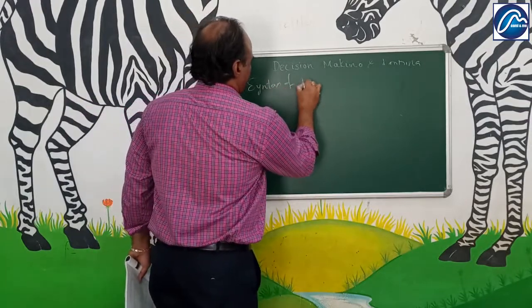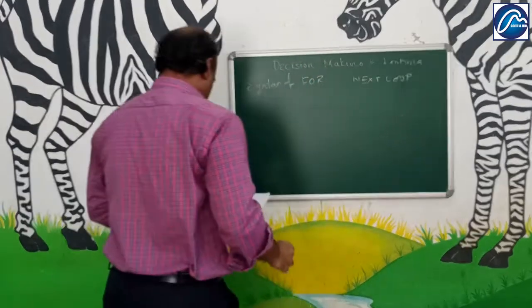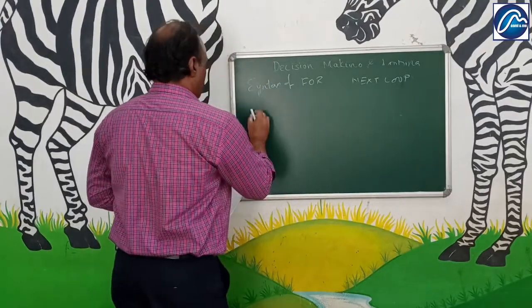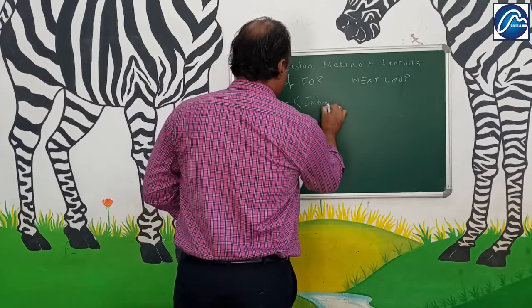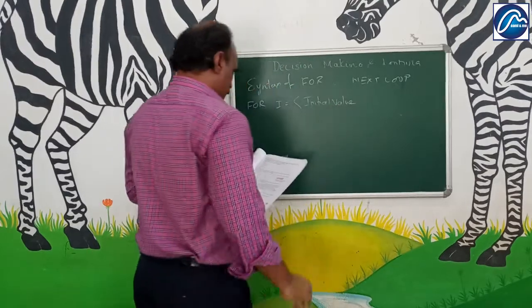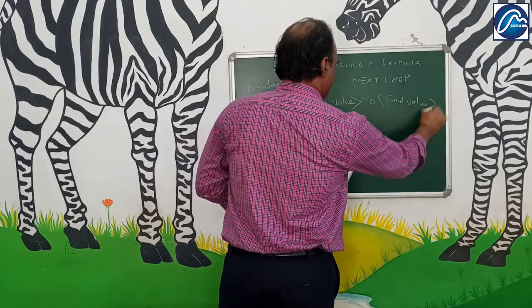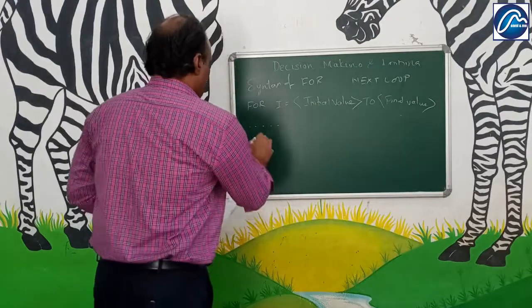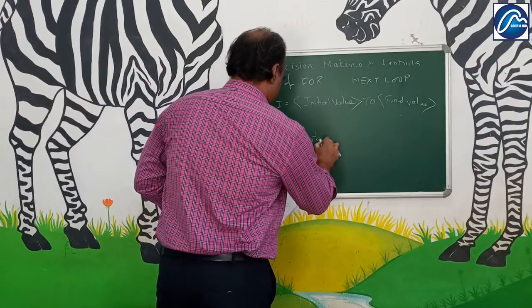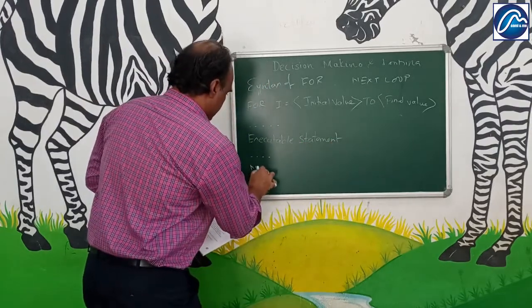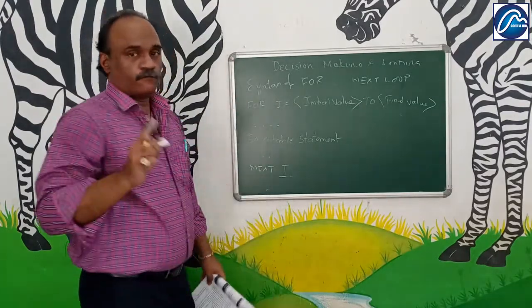Syntax of for next. For I equal to initial value to final value, executable statements, and next I. See, this is the syntax of the for next loop.